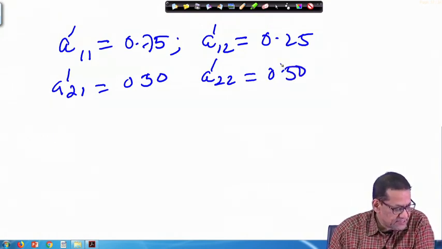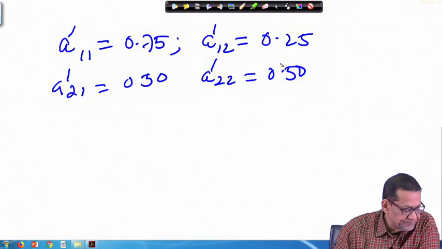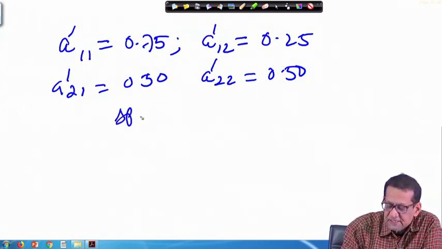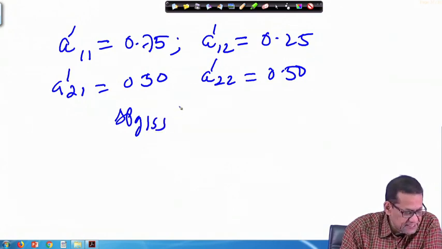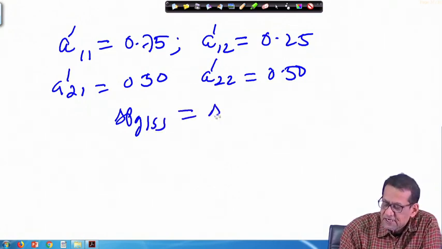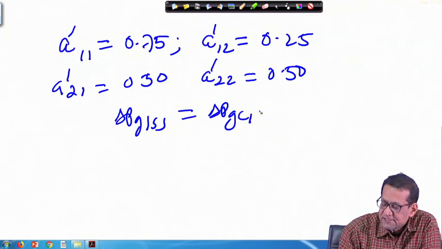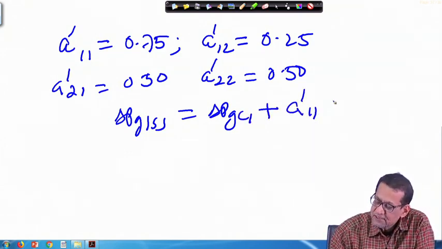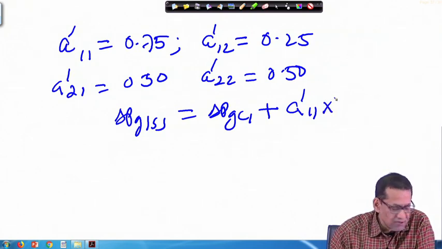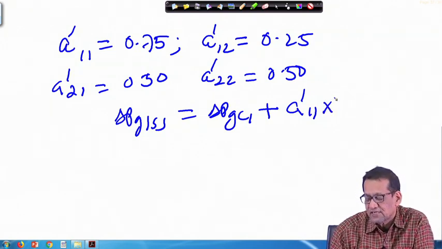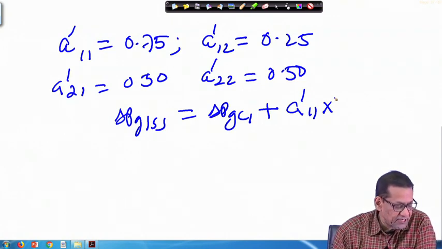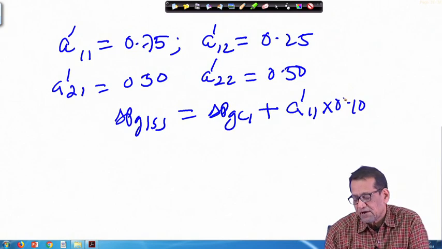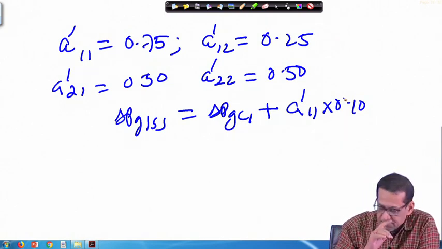Therefore, delta Pg1 steady state is equal to the contracted power demand delta Pgc1 plus A dash 11 into the uncontracted power demand, which was 0.10 in area 1.